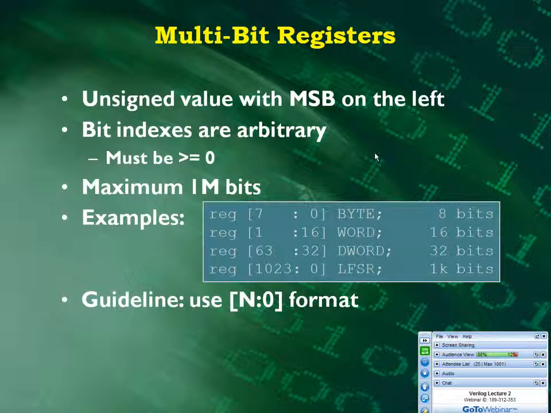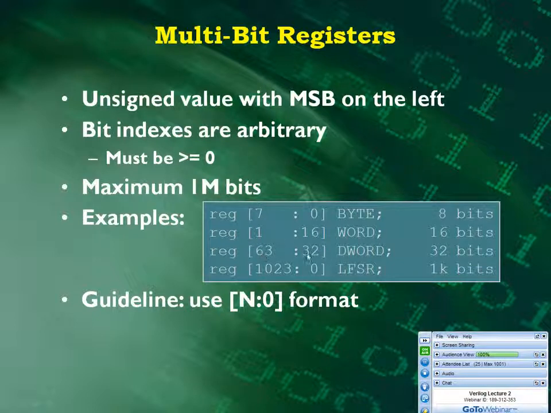With multi-bit registers, you have an unsigned value with the MSB on the left. Here we have an 8-bit register called byte, and it goes from 7 to 0. Here we have one that's 16 bits wide, and it goes from 1 to 16, the opposite order.